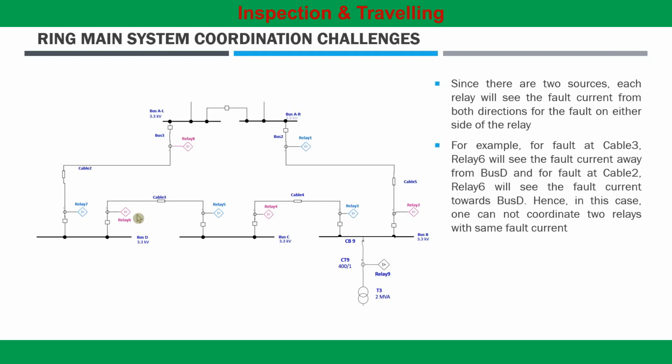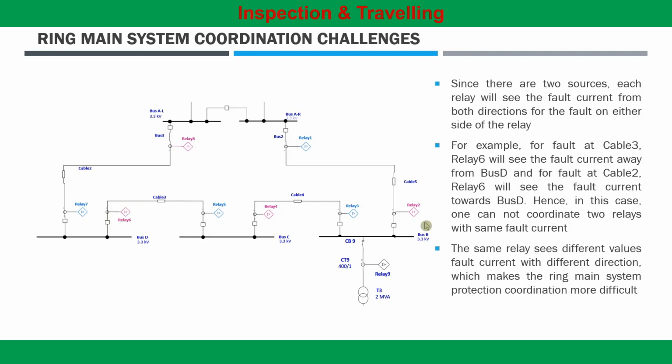For example, for a fault at cable 3, relay 6 will see the fault current away from bus D, and for a fault at cable 2, the same relay 6 will see the fault current towards bus D. Hence, it is not possible to coordinate relay 6 with one value of fault current, as the fault current seen by relay 6 will vary for various fault locations.